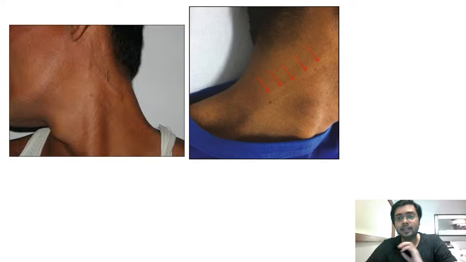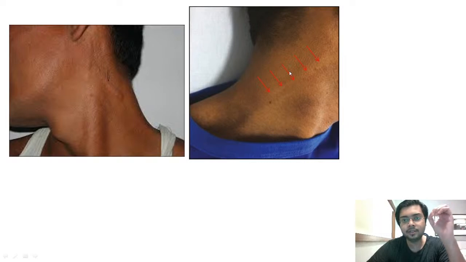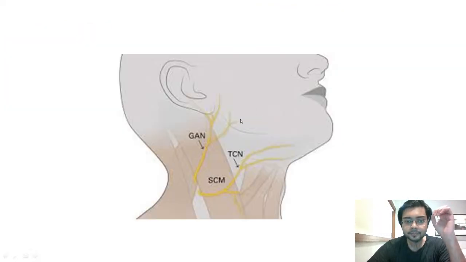Yes, so in conditions like leprosy, many a time you will see patients presenting with a thickened greater auricular nerve, and this is what they had asked by pointing the arrow. If you see this greater auricular nerve, it arises from the medial border of the sternocleidomastoid and goes and supplies the pinna. So basically it is the supply of the pinna.